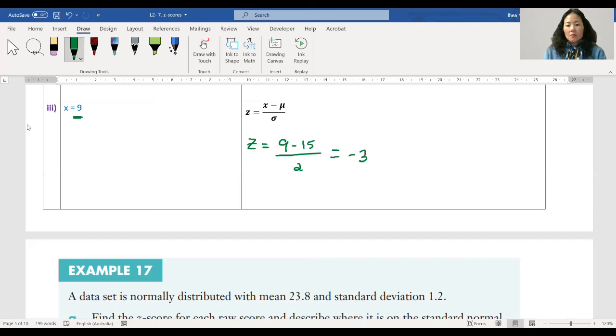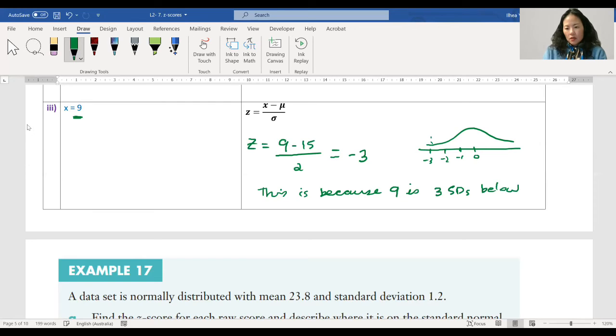So it's going to be below the mean, which means it's going to the left from the mean. So that's 0, minus 1, minus 2, minus 3. So it's here, right? So 3 standard deviations below the mean.